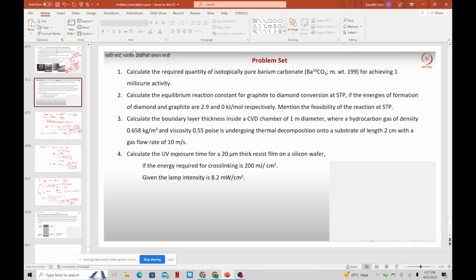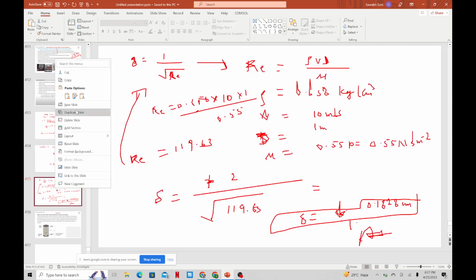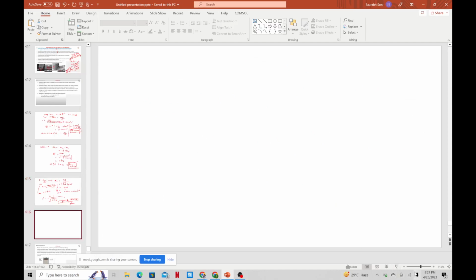Let me discuss the last one. The last one is asking to calculate the UV exposure time for a 20 micrometer thick resist film on a silicon wafer if the energy required for linking is 200 millijoule per centimeter square, given the lamp intensity. Okay, so let's discuss this also.